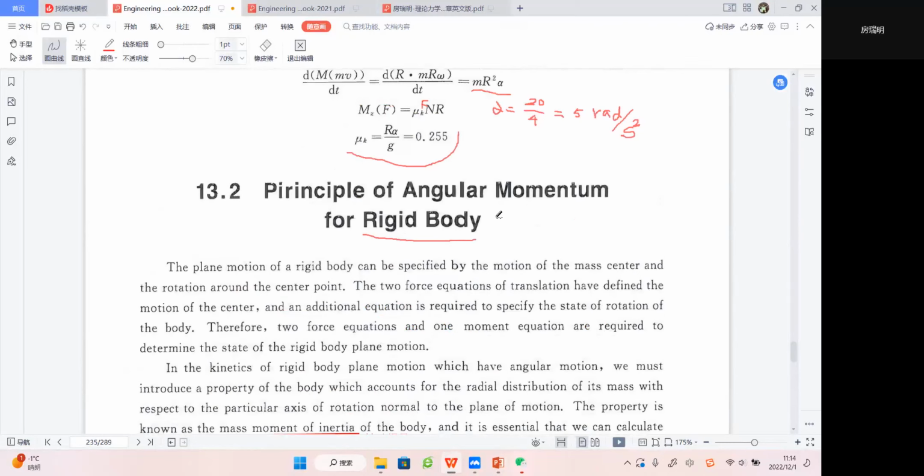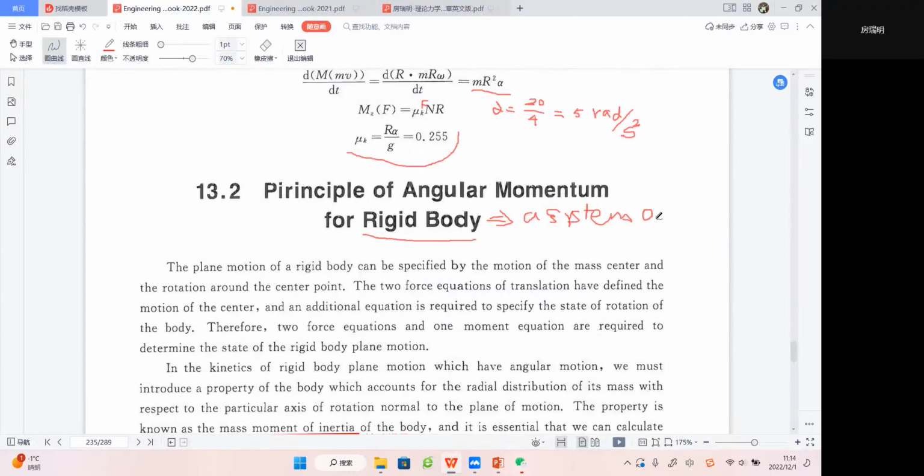So actually we can think about that. It is true. Actually, rigid body is a kind of system of particles.